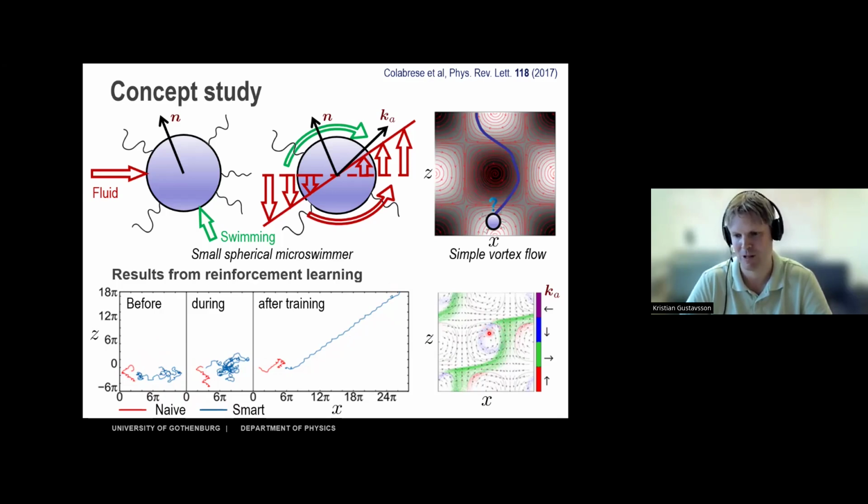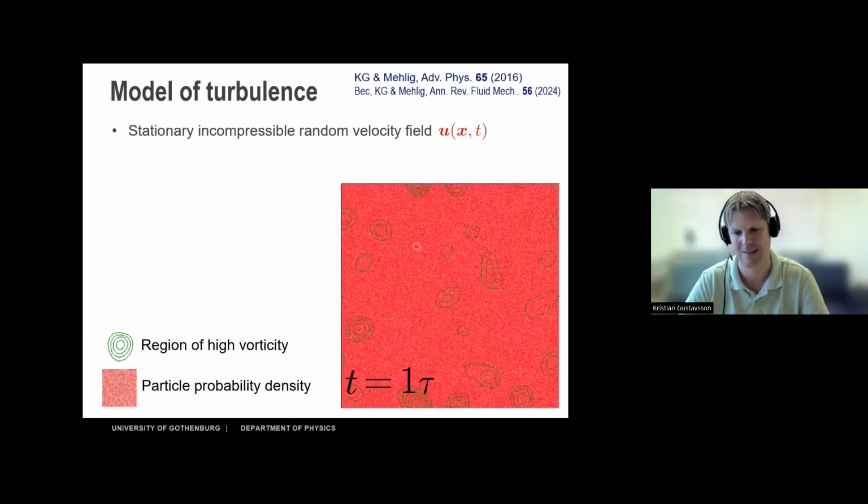So sometimes you swim downwards in order to move upwards. So we were able to solve the navigation problem in a simple vortex flow. That was the starting point of our studies, and then we improved by looking at more realistic situations.